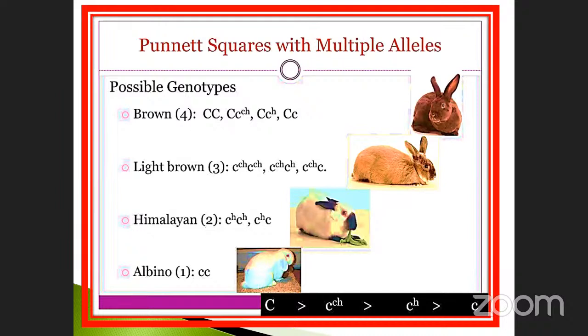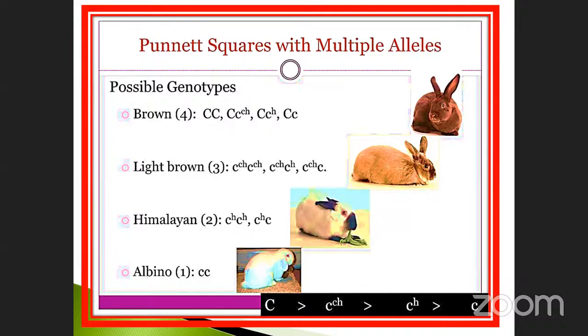The brown, how many genotypes are possible? Capital C capital C, capital C small c h, capital C small c, capital C small c. The capital C only is expressed. That's why its color will be brown. Okay. Light brown. See here. 3 only possible. CCH is possible. CCH, C only possible.